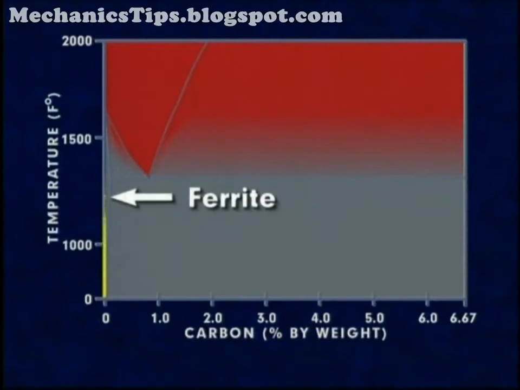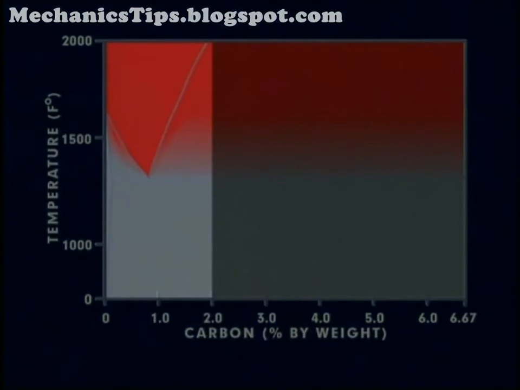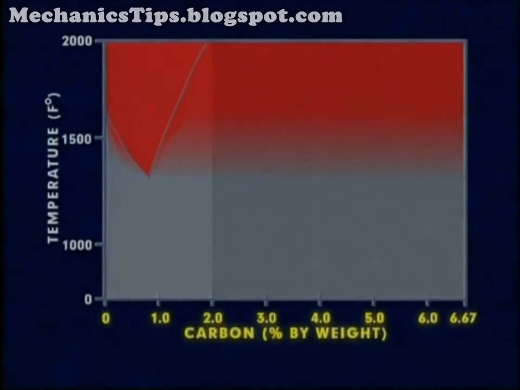Though this phase diagram ranges from ferrite, with very low carbon content, to cementite, with 6.67% carbon, most steels contain less than 2.0% carbon. The carbon content is the major factor in determining the properties that can be developed in steel.